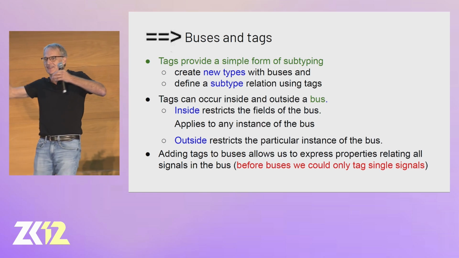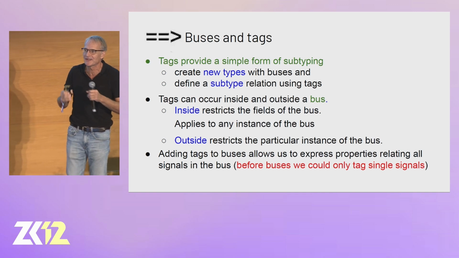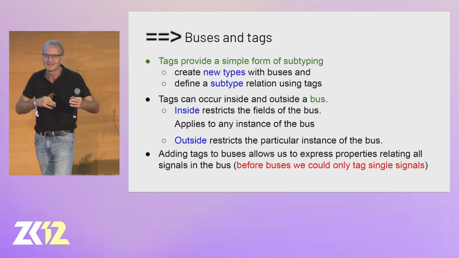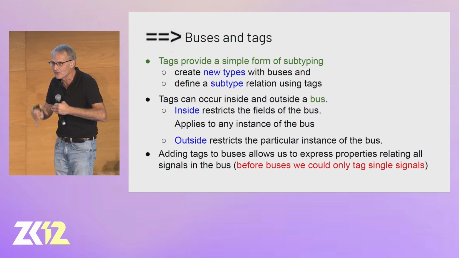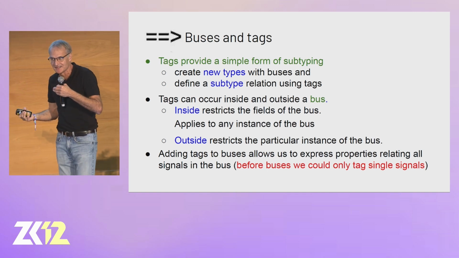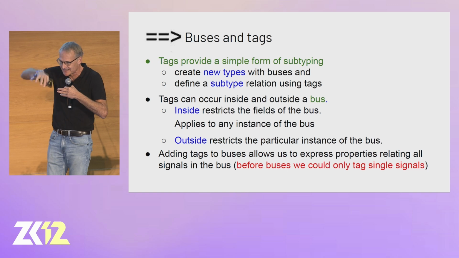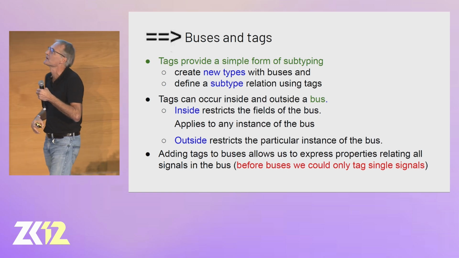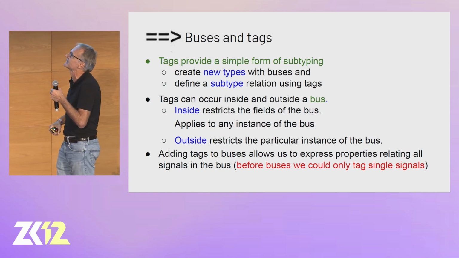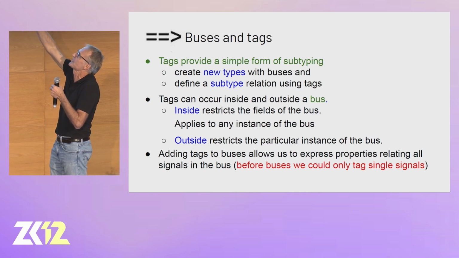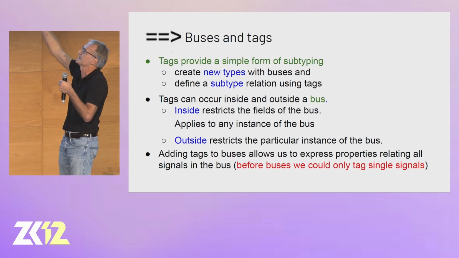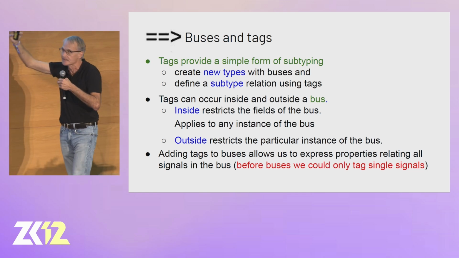We don't have inheritance and things like this, but we get a little bit of subtyping with tags. But now it's far more powerful combined with buses, because now we have types. We create new types with buses, and we define subtype relations using tags.